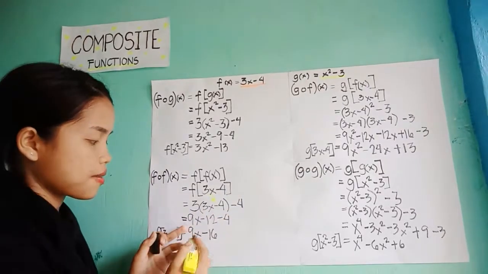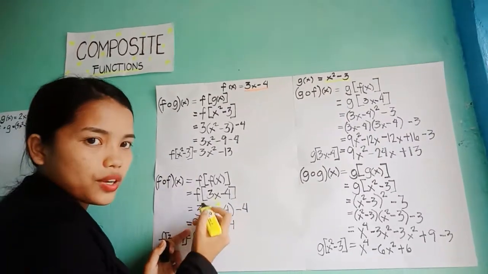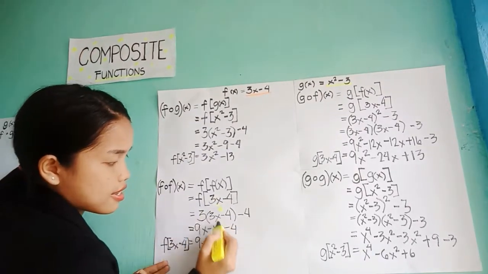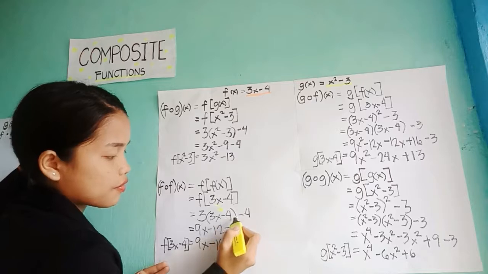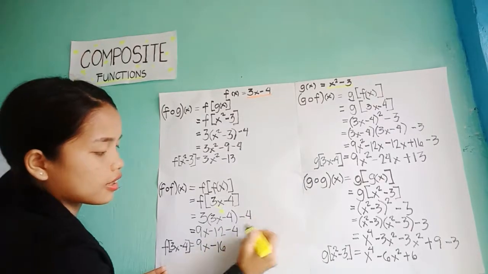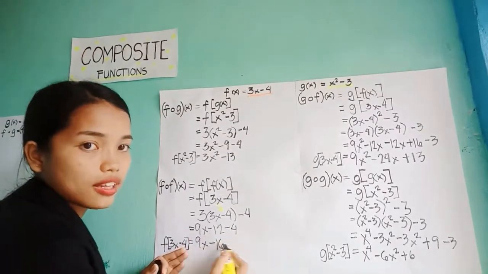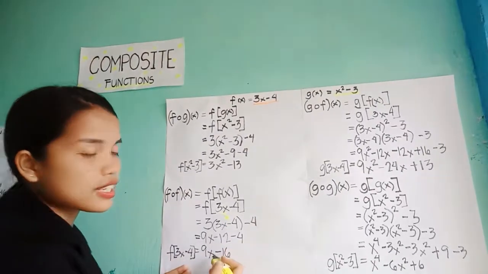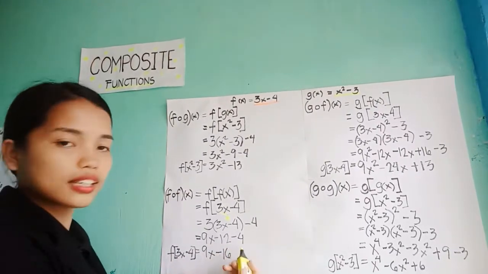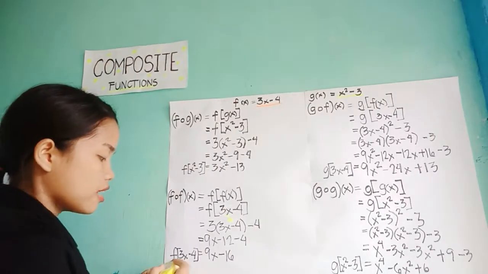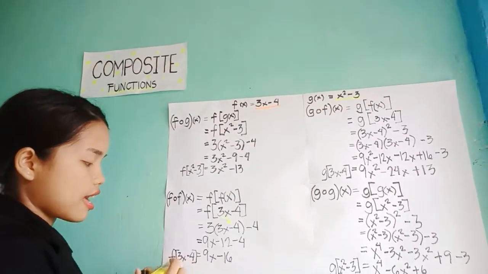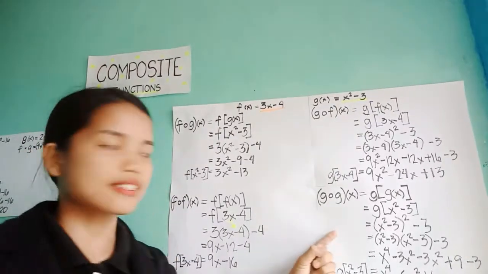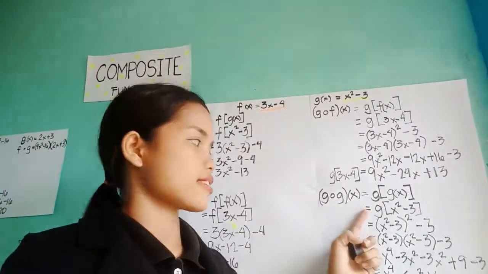Using the distributive property, the answer is 9x, and 3 times negative 4 is negative 12, and then the negative 4. Then we join the like terms, negative 12 and negative 4, which is negative 16. So 9x minus 16, and then the label f of 3x minus 4.